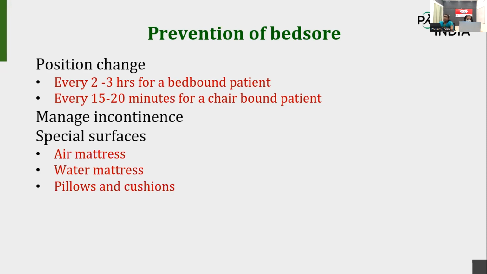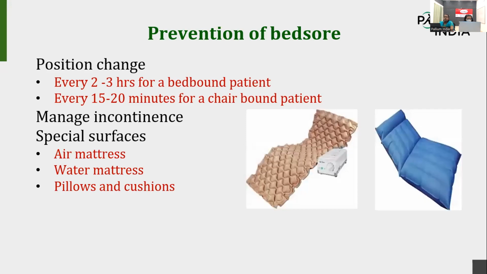You can suggest some special mattress, like an air mattress or water mattress. The air mattress needs electricity; the water mattress does not need electricity. But the air mattress is the good one.